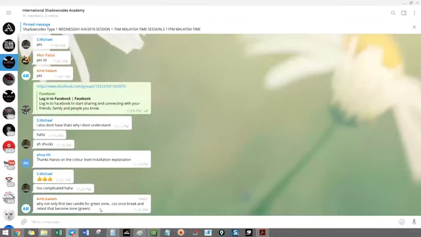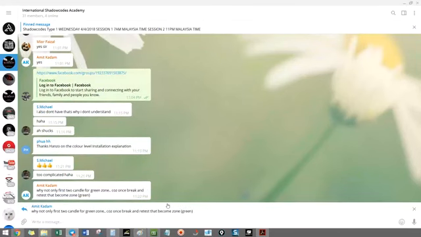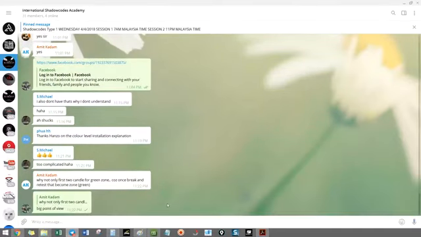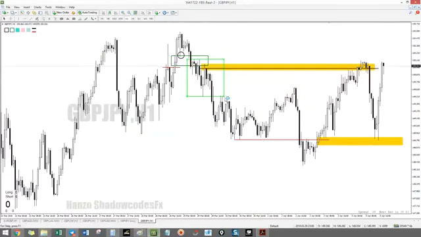Why not only first two candles for green zone? Because once it breaks and retests, they become zone green. Big point of view. Okay. If you take this one, like this, still you need to wait for the retest. Okay.